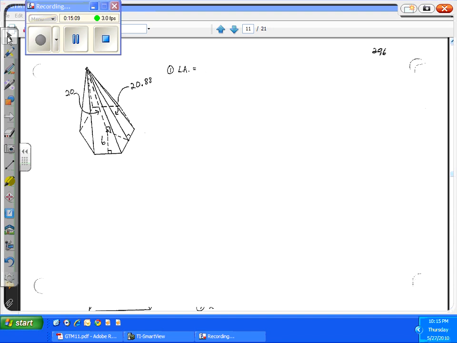So let's just take off. The lateral area is 1/2 the perimeter of the bottom times the slant height. It's giving us a slant height of 20.88. That's the slant height or lateral height.